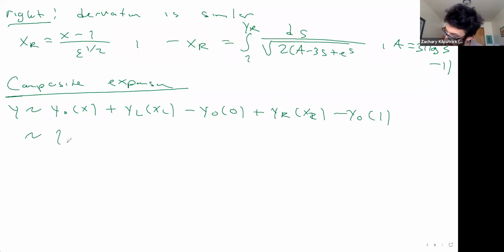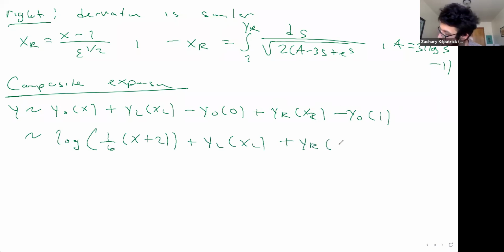And so we can write this just as log of 1/6 x plus 2 plus YL XL plus YR XL. Right? And so analytical solutions can be helpful even if you just have implicit ones, okay?